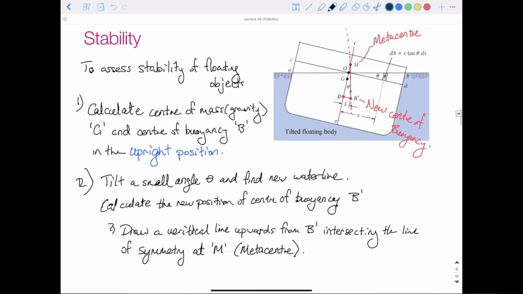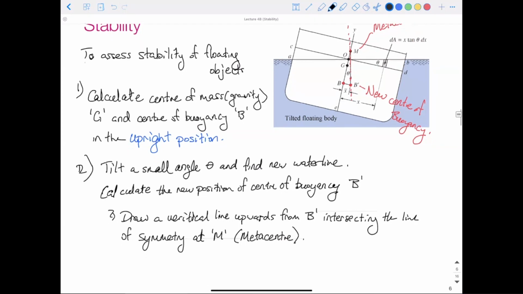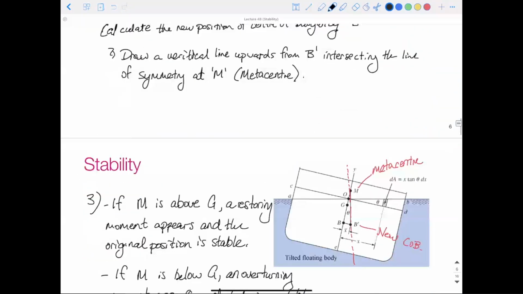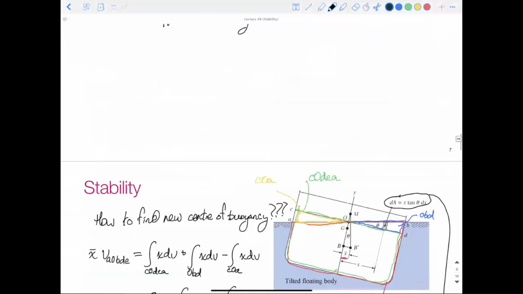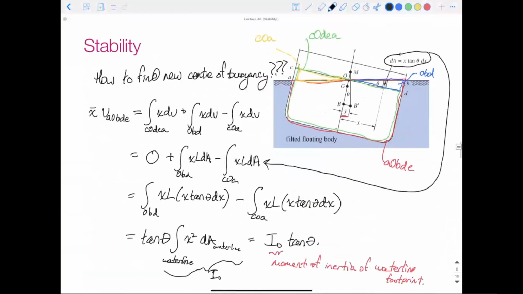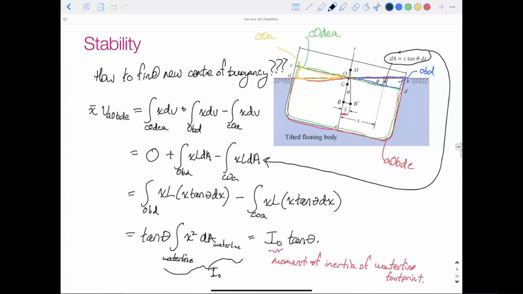It'd be the center of area of the submerged section. We applied a small tilt, and we found B prime. And how we did that is by finding the equivalent area, essentially. We wanted to find the new center of buoyancy, the new center of this area.